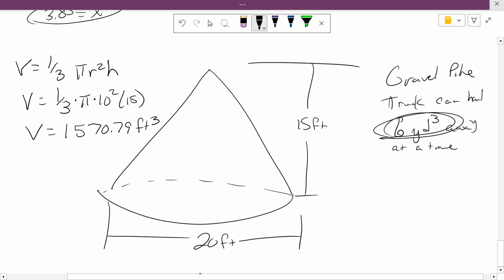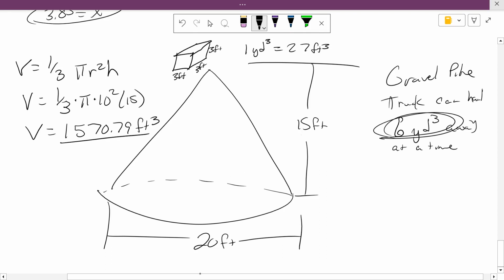Figure out how many. So if I have a yard by a yard by a yard, that's 3 feet by 3 feet by 3 feet because there's 3 feet in a yard. So in 1 cubic yard, there's how many cubic feet? 27 cubic feet because it's 3 by 3 by 3.